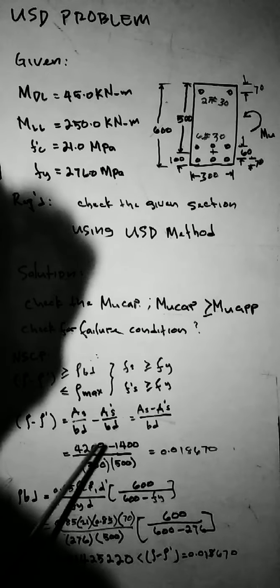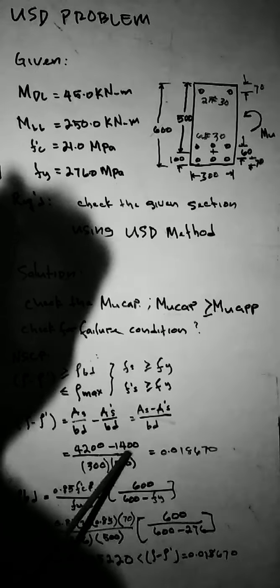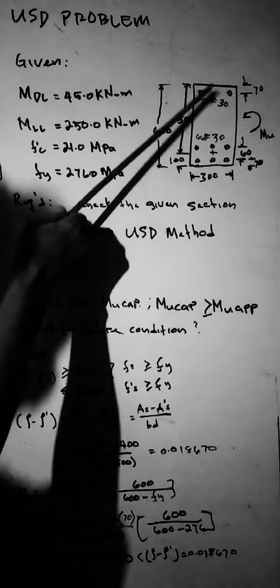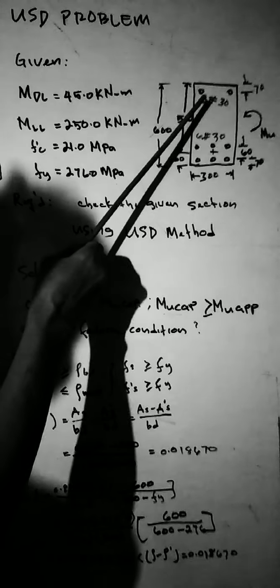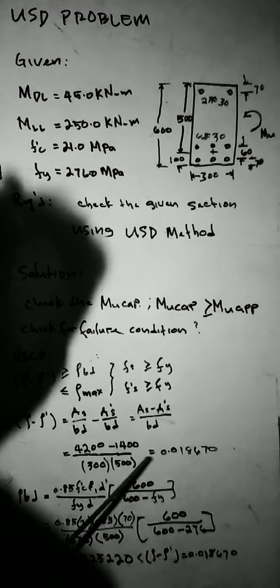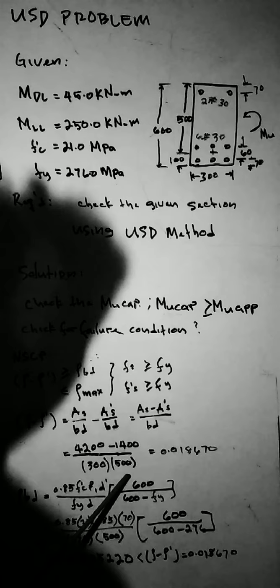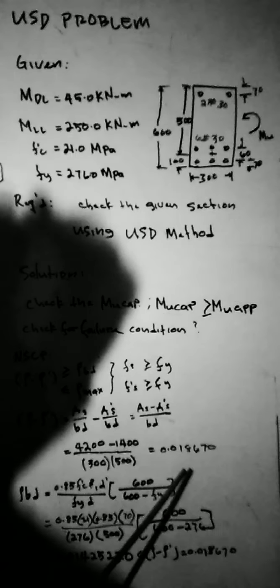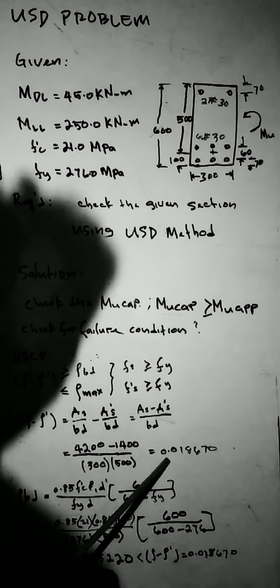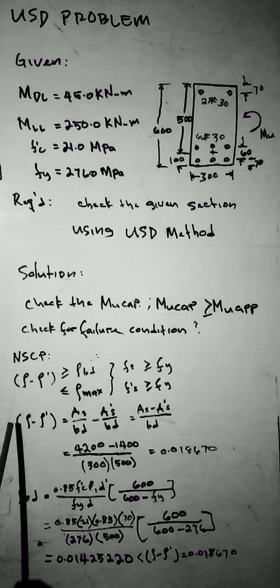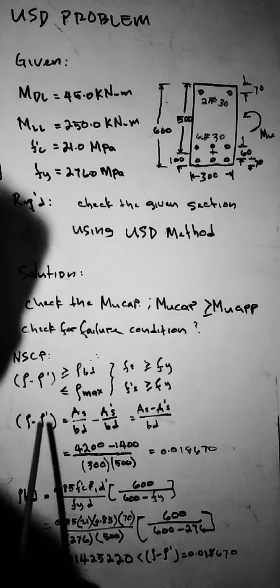That's why we have this, minus 1400, and this is the total area of the compression bar, this 2. 700 times 2 is 1400, and over bd, base and depth. And this must be 0.018670. That's the value of the rho minus rho prime.